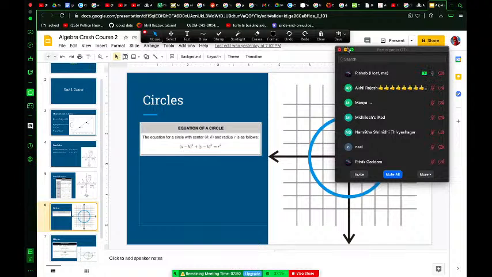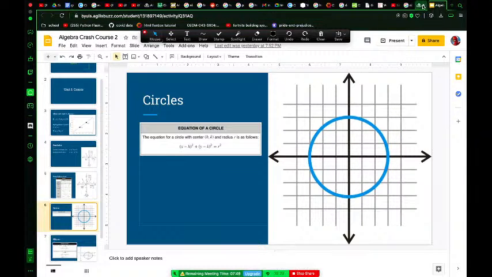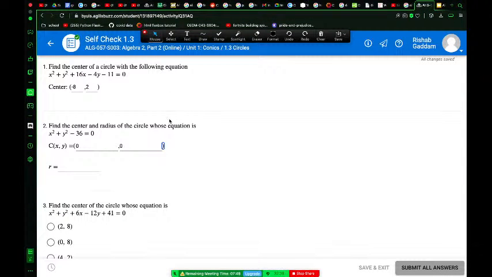Okay, so let's see. Middleish, how about you do this one? Yeah. I'm kind of confused, but I'm gonna try. So R would be 36. Okay, why?